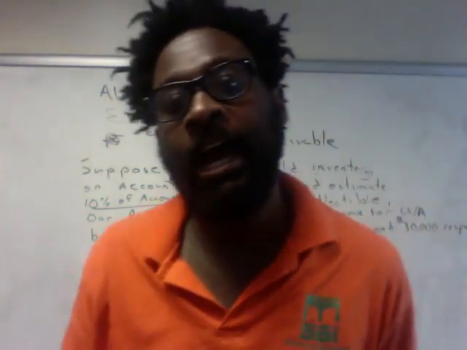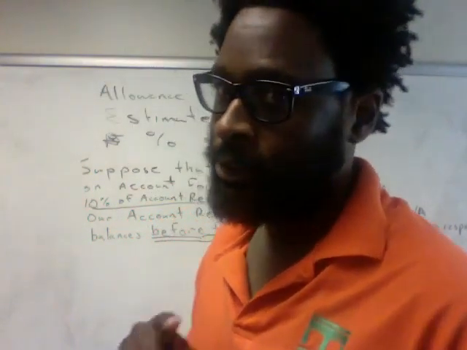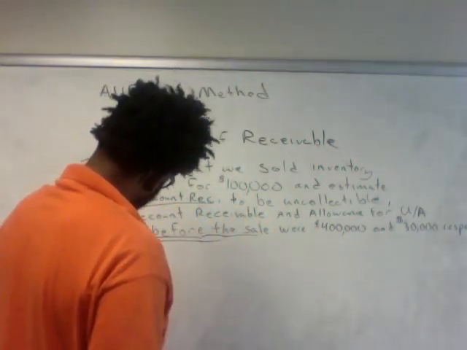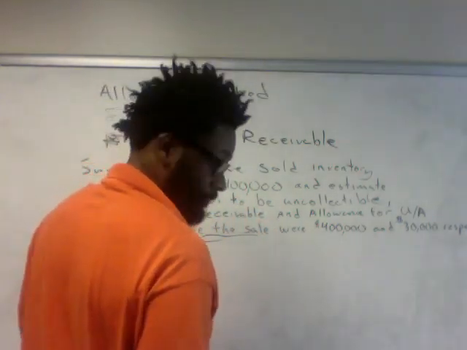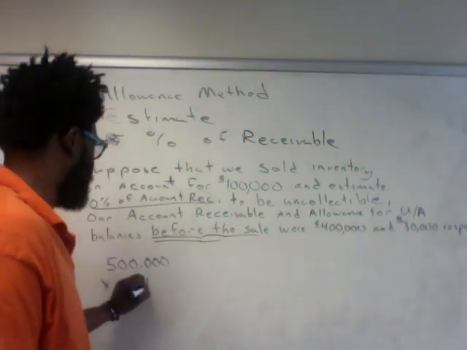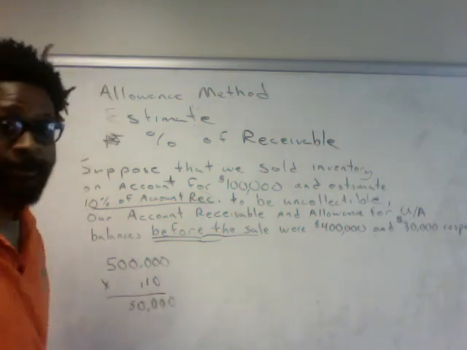So as of right now, what is our accounts receivable balance? It should be $500,000, right? So we take $500,000 after the sale and multiply it times 10%. It's going to give us $50,000.